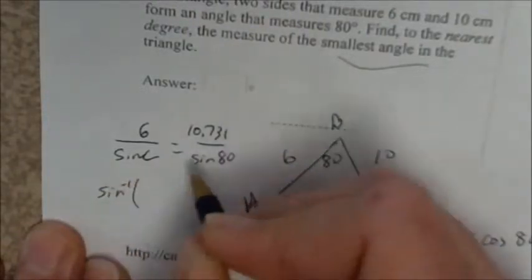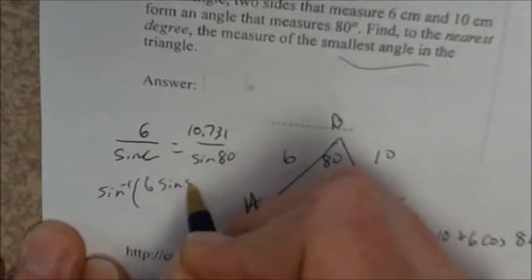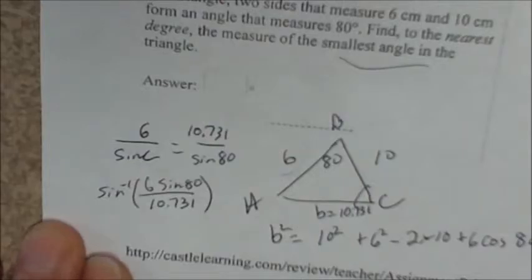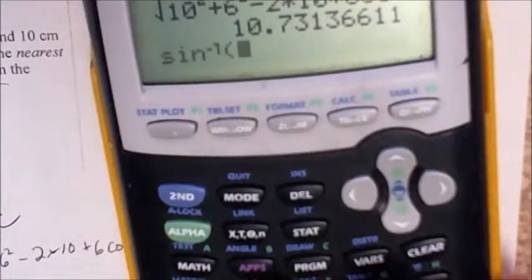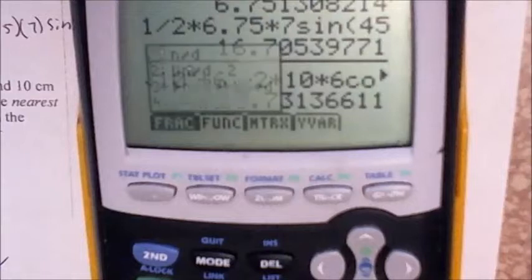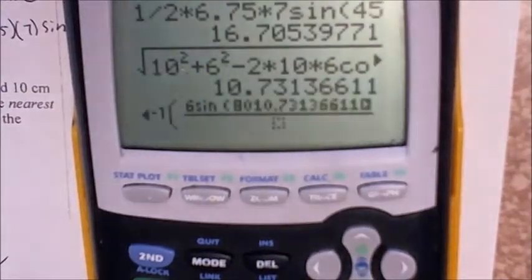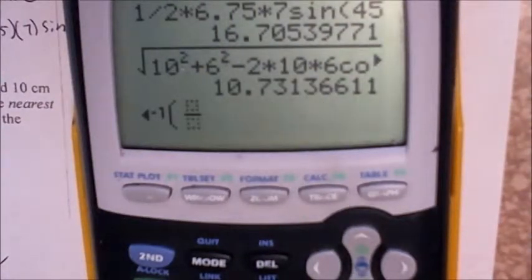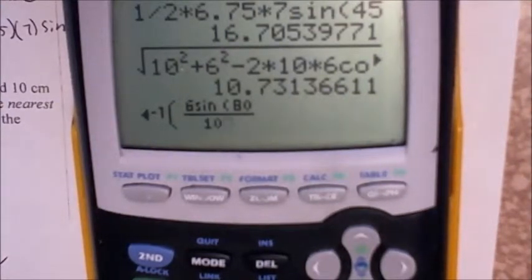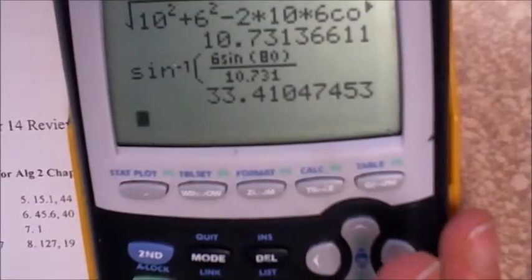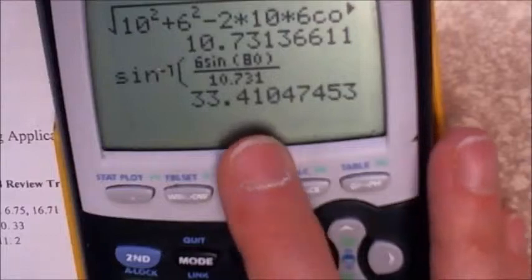So you're going to do the arc sine of 6 times the sine of 80 over 10.731, and that should give us the smallest angle. That smallest angle is, to the nearest degree, 33 degrees.